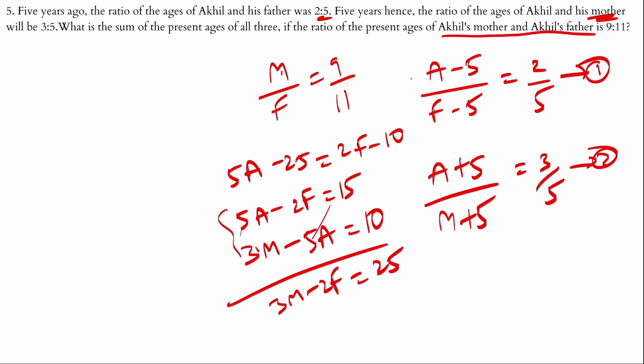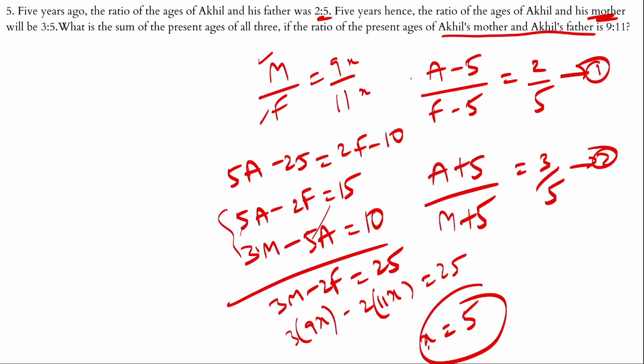And as we know, the ratio of m and f is 9x and 11x. So you can substitute here. M will be 9x, so 3 into 9x, and f will be 11x, so this will be 25. Now x is equal to 5. But here we are asked to find out the sum of the present ages of all three.